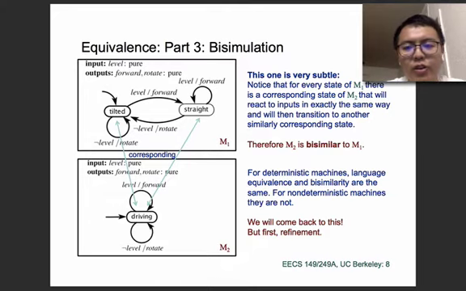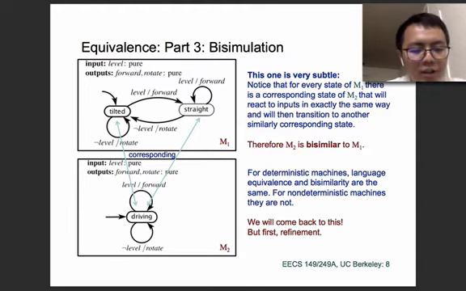This one is very subtle. It focuses on the states, but does not require the structure of the states to be identical. What it does is, for each state in one of the machines, there is a state in the other machine such that henceforth the behavior can be matched.